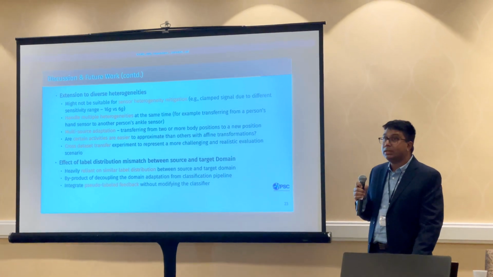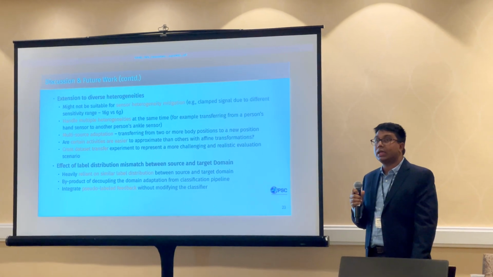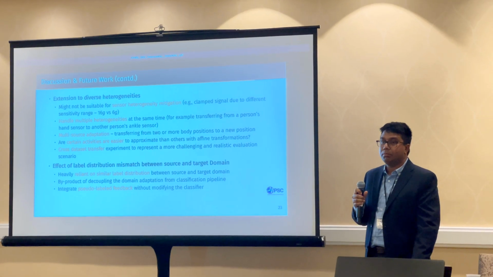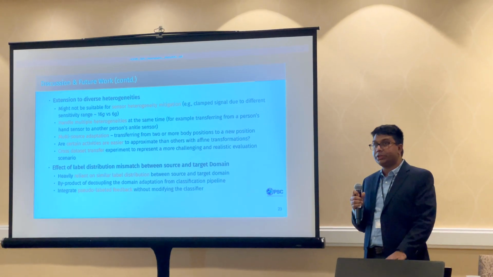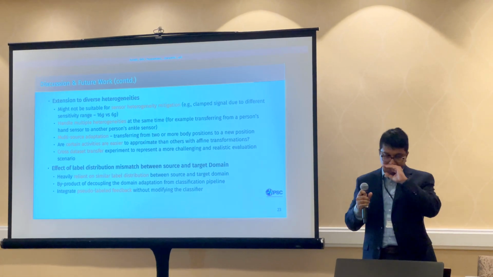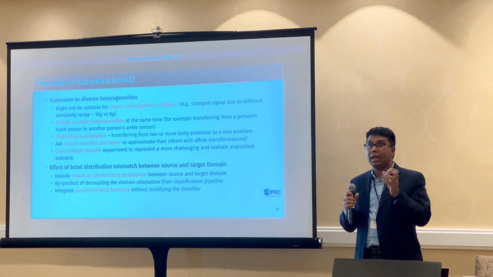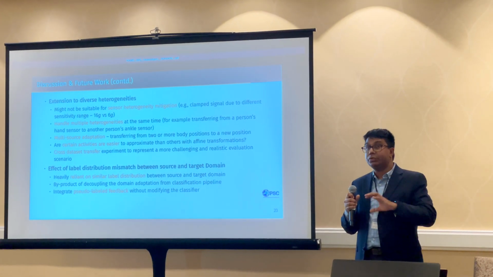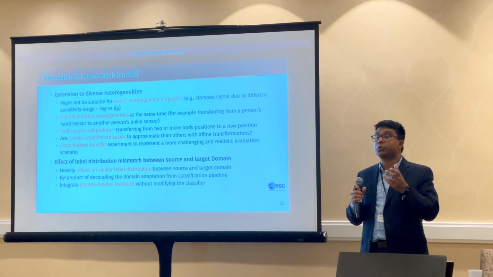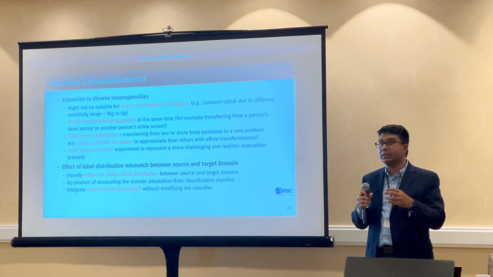And lastly, our whole idea depends on the label distribution being the same between the source and target domain. Even though we don't use the labeled data, we assume that the overall label distribution should probably be the same, and that is what guides the whole network.